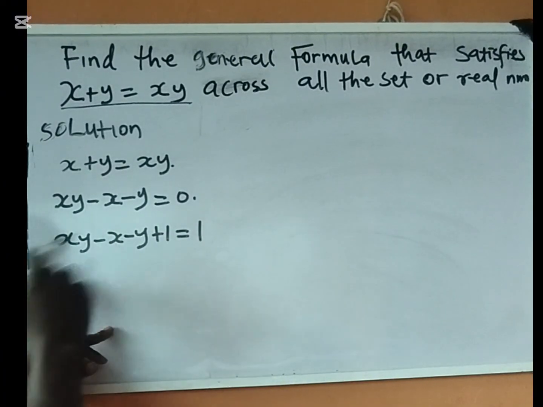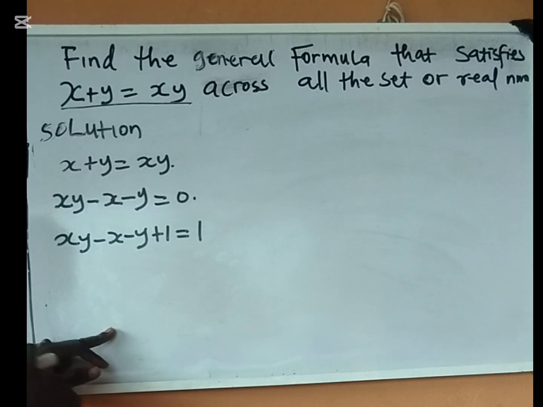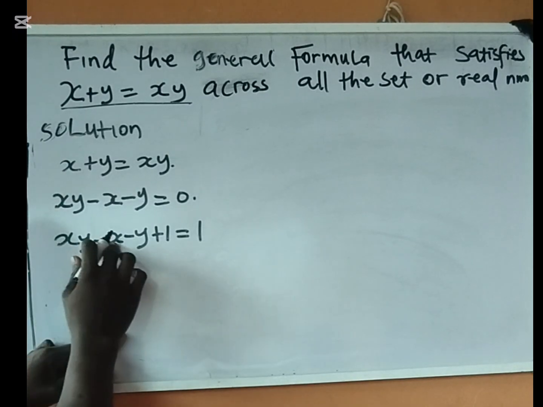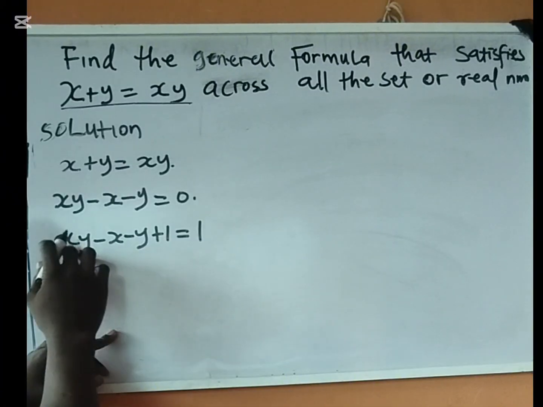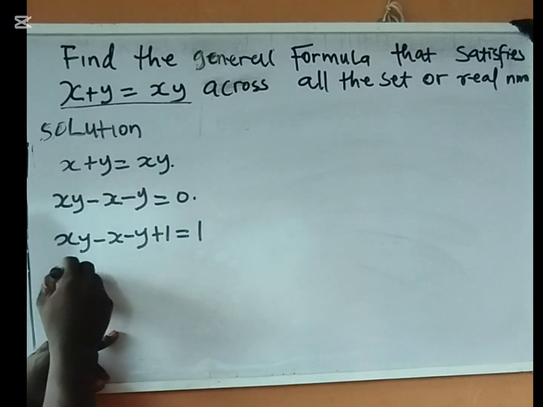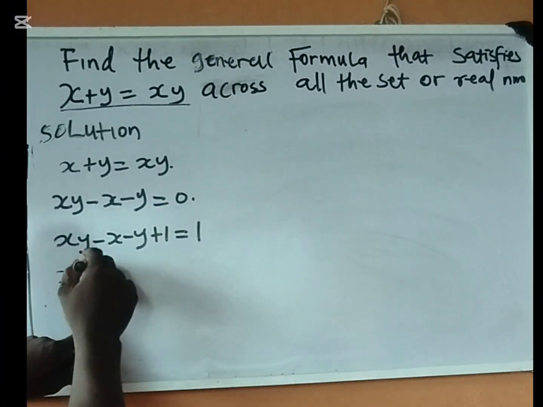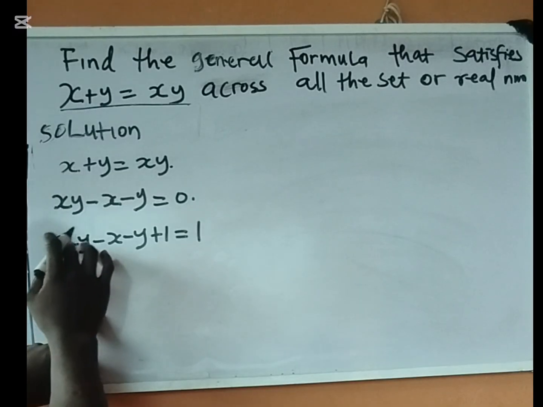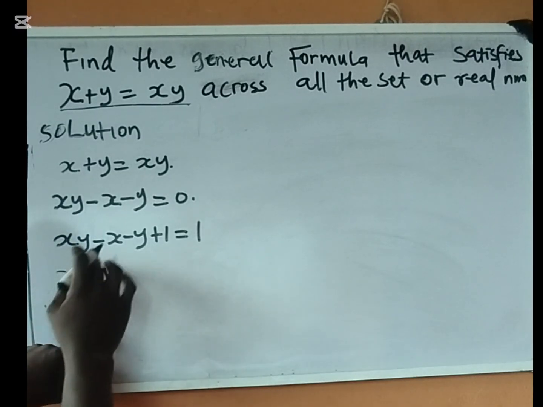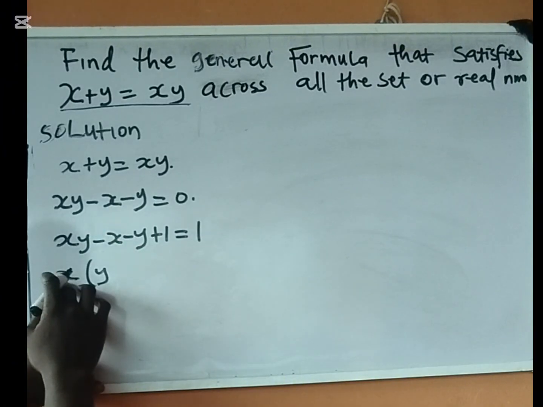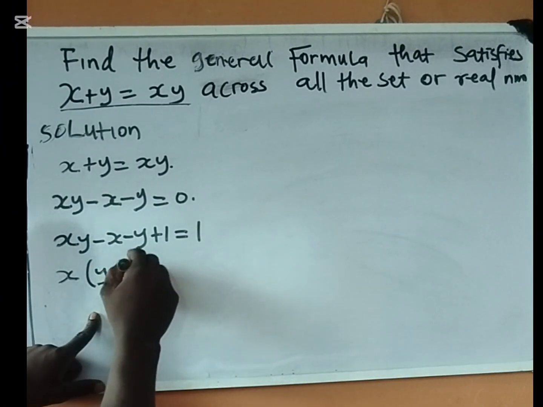Having gotten to this point, I can factorize the left side of this equation. Look at the first two terms, xy minus x. What is common to these two terms? It is x. So I bring out x and open a bracket: xy divided by x gives me y, minus x divided by x gives me minus 1.